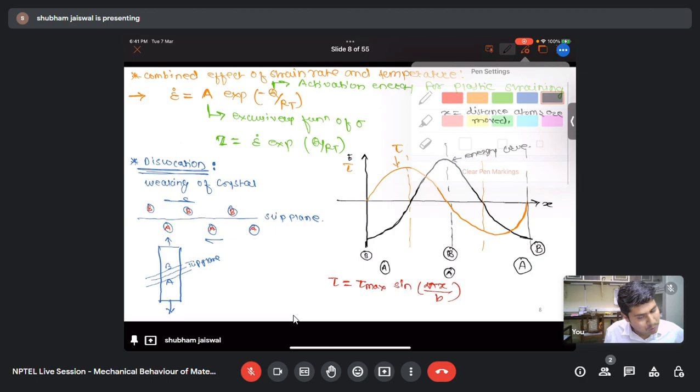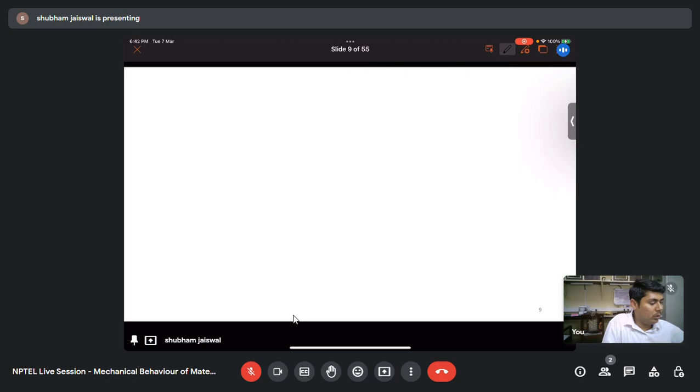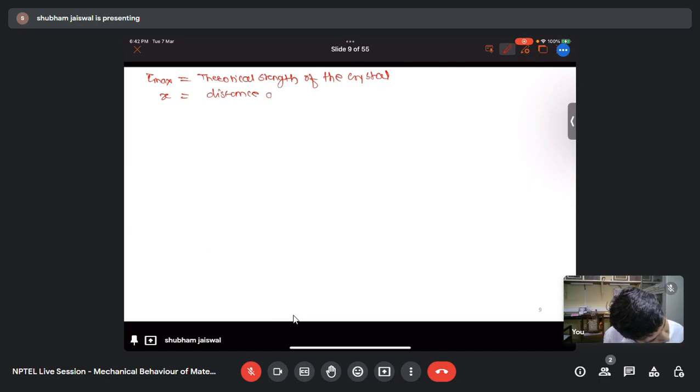And what is b here? b is the distance between the equilibrium positions. And tau max is the theoretical strength of the crystal, and x is the distance the atoms have moved.